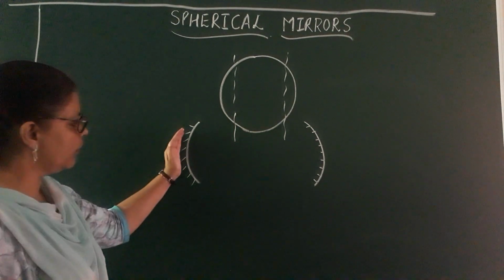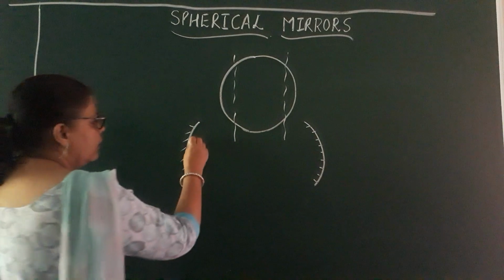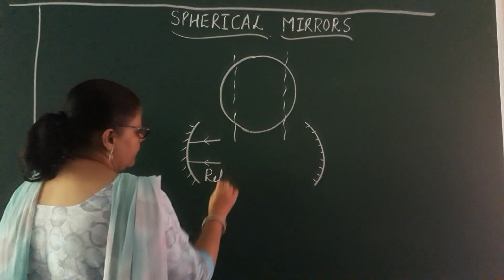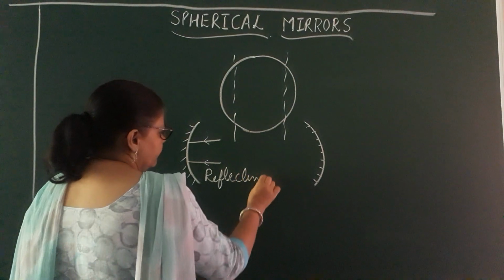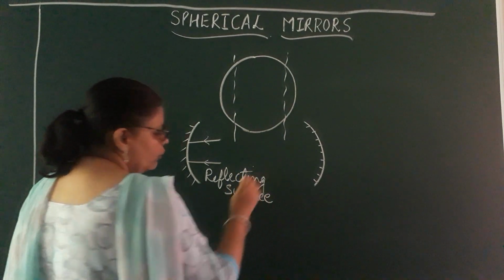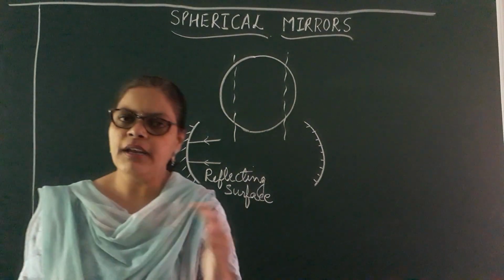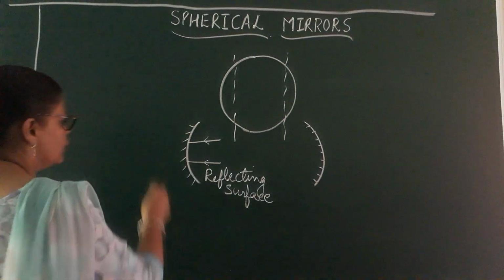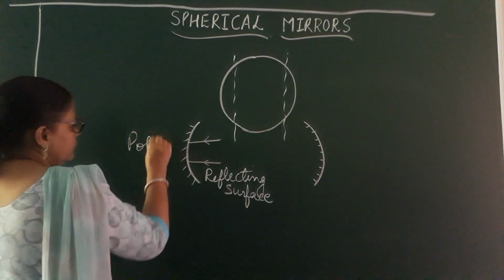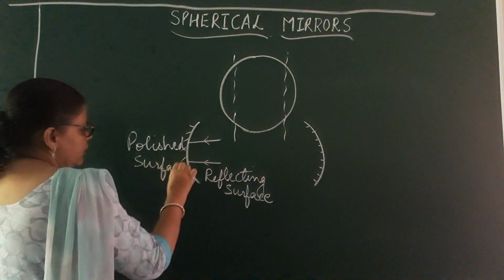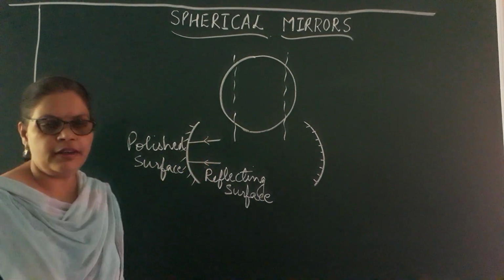Now, when the outer bulge is polished, the inner side is the reflecting side. This is known as the reflecting surface. I have already told you this, children: the reflecting surface is always opposite to the polished surface. So this is the polished surface, while the surface opposite to it is the reflecting surface.